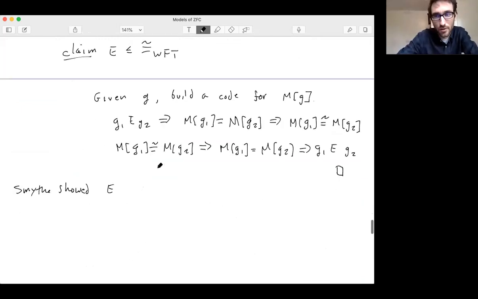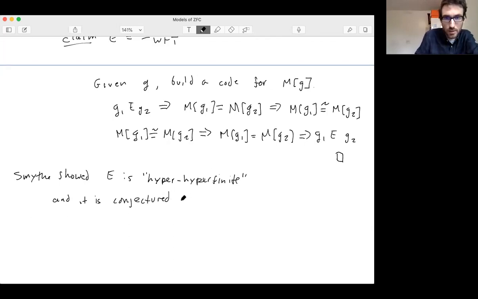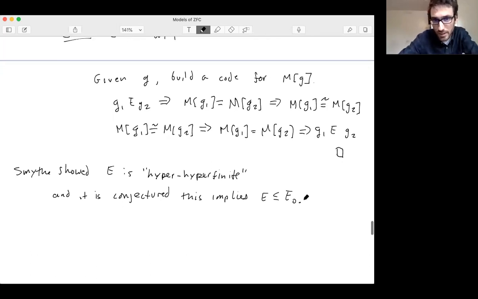He showed that E is hyperfinite, which we're probably not going to prove anytime soon, and which conjecturally is equivalent to being reducible to E0. I'm not sure if people believe this conjecture, but it's certainly not known. Conjecturally, this implies E is reducible to E0, so that this entire proof would get you no higher in complexity.